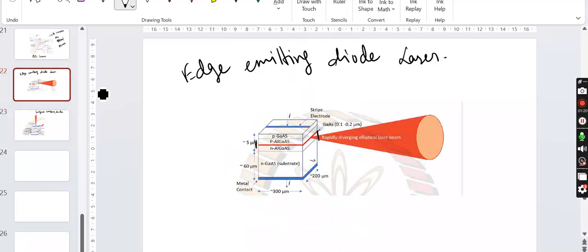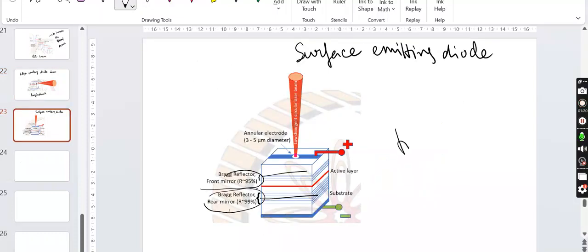There the mirrors were on that side, here and there. So that is the longitudinal configuration, and this is the transverse configuration.